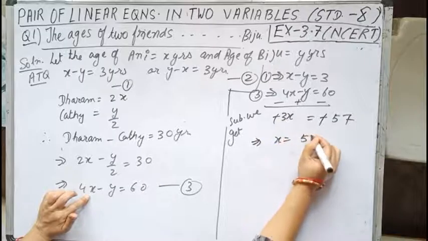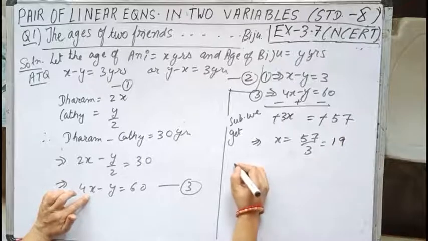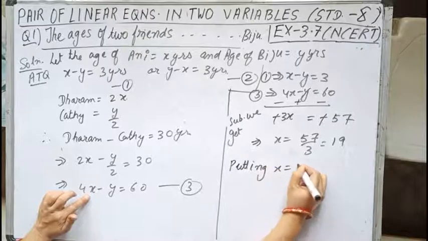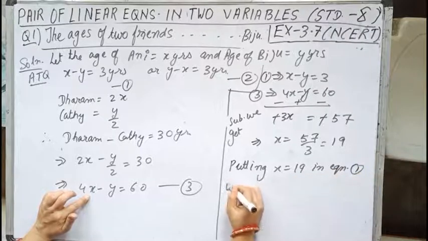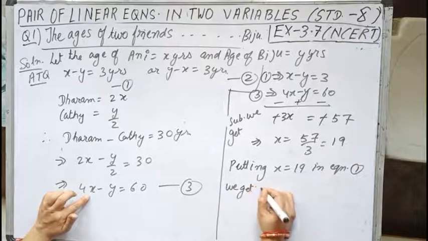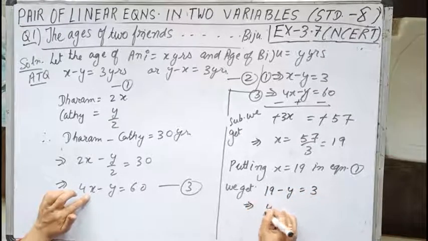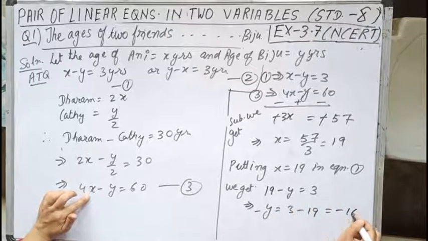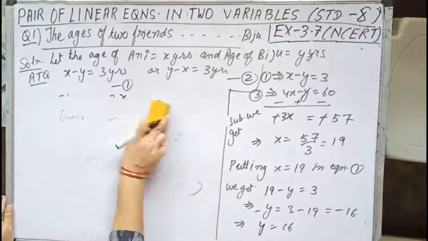This implies x equals 57 by 3, that is 19 years. Putting x equals 19 in equation 1, we get 19 minus y equals 3. This implies minus y equals 3 minus 19 equals minus 16. This implies y equals 16. Therefore, I am wrapping this part, children.